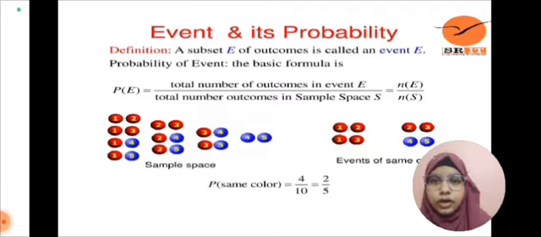So it is called the sample space, and we have two possible outcomes here, that is balls of same color and balls of different color. 4 balls of same color and different color. Now the probability for getting the balls of same color is equal to 4 by 10, that equals 2 by 5.